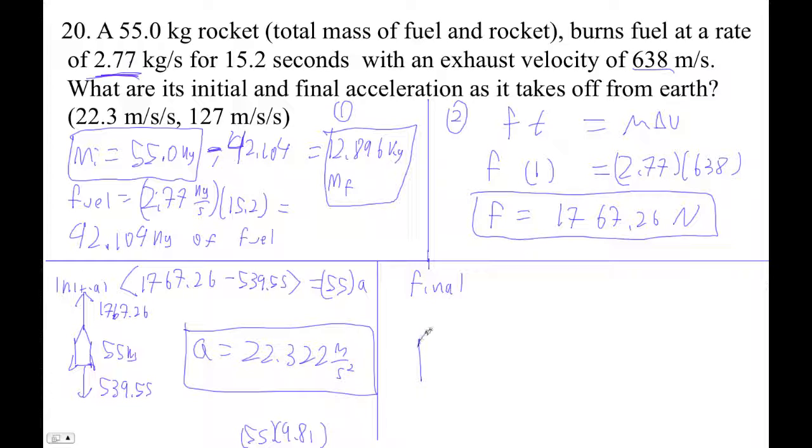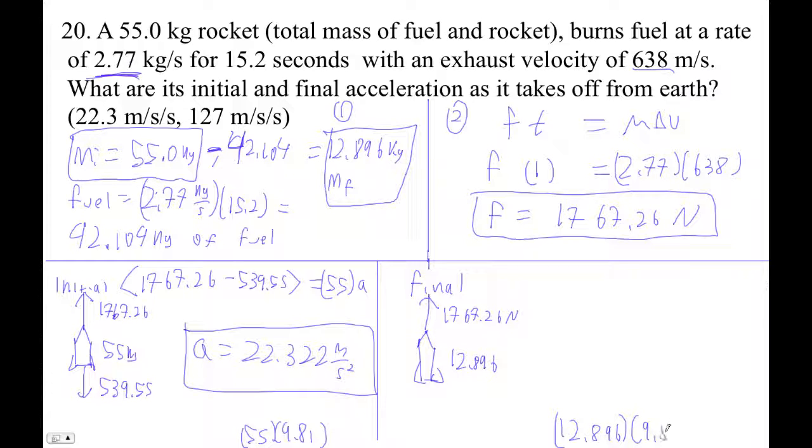So now in the final picture, the rocket looks slightly different. It's only this, right? So it's the 55 minus the fuel it burned, right? So it's going to be 12.896 kilograms, right? There still is a force of 1,767.26 newtons up, but the force down is going to be 12.896 times 9.81.